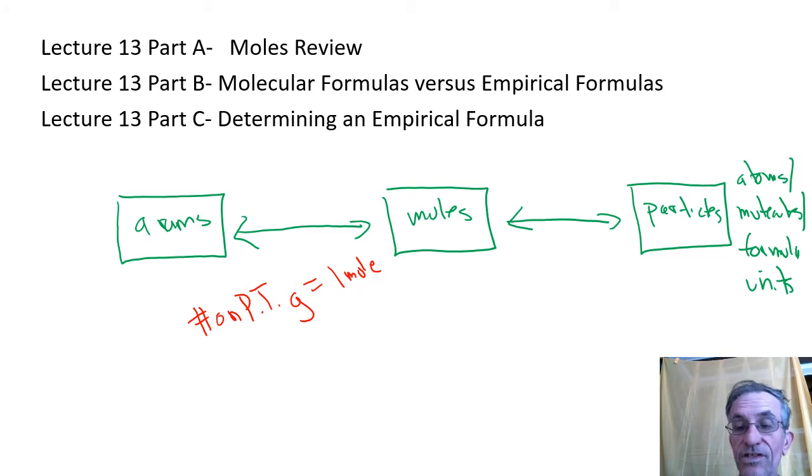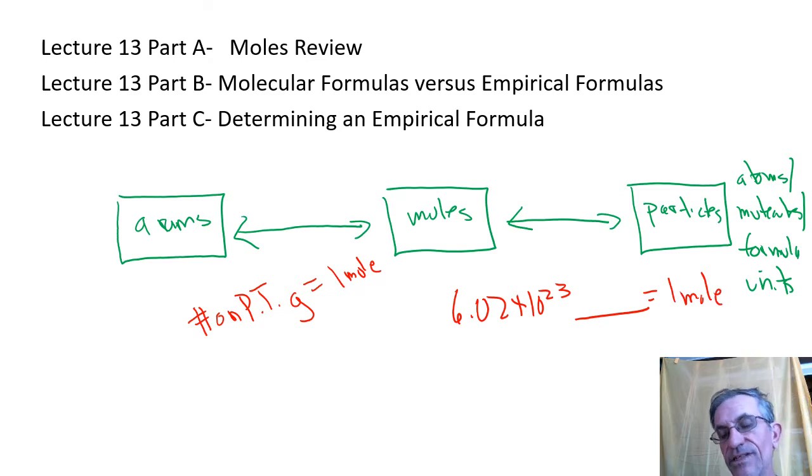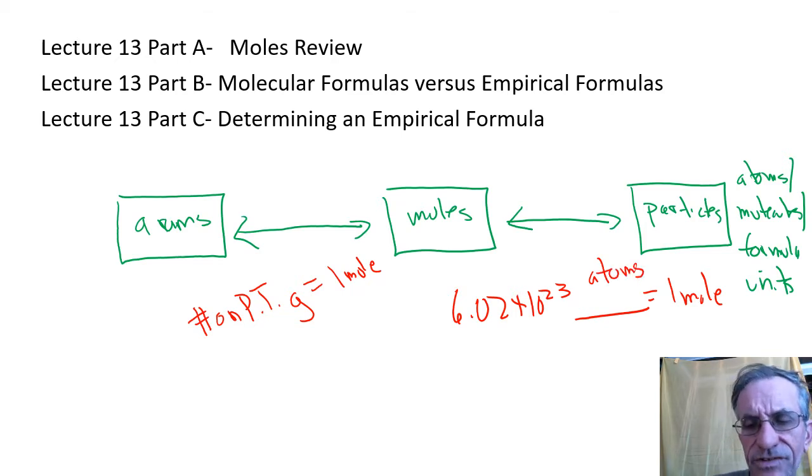So how do you go between moles and any of those things? That's where Avogadro's number comes in. 6.02 times 10 to the 23 is a mole. And next to Avogadro's number, depending on what we got, you might either have to say atoms, or if it's a compound, we'll say molecules, or if it's an ionic compound, we'll say formula units.